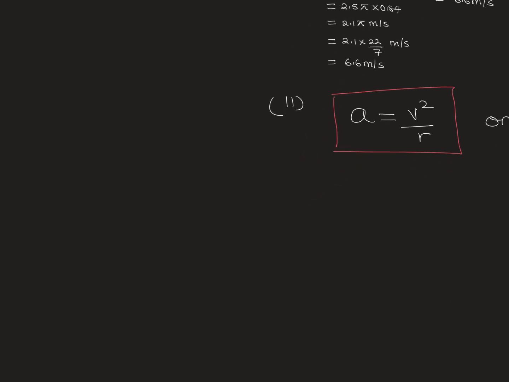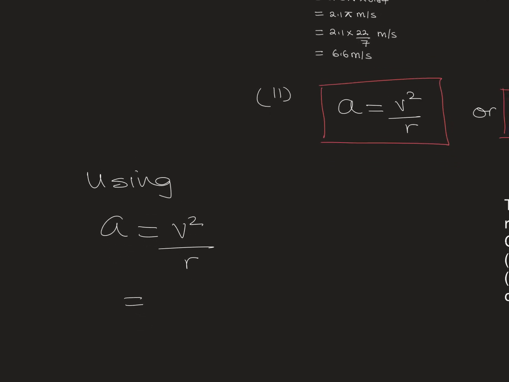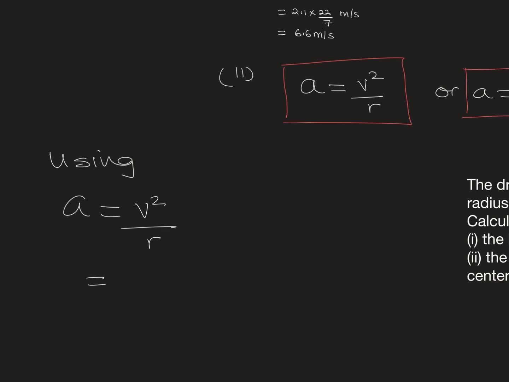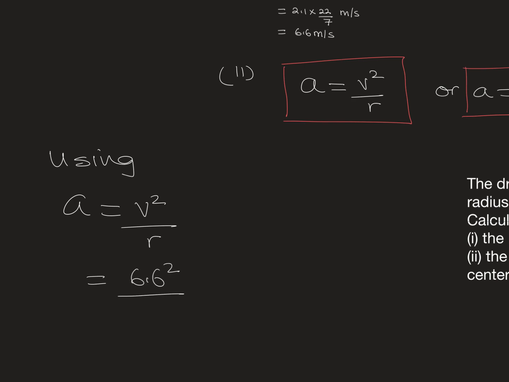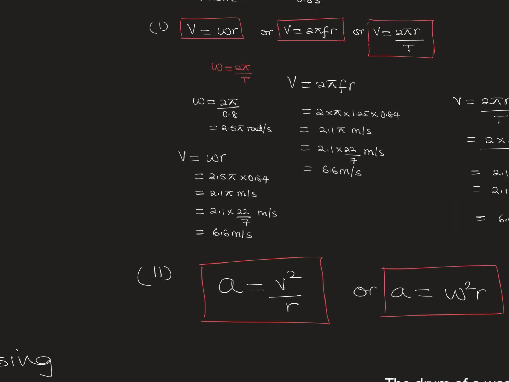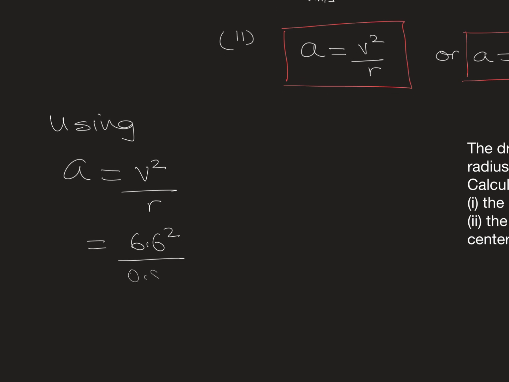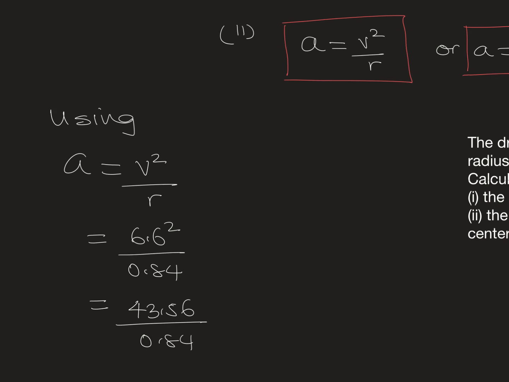If I go by the formula acceleration is equal to v squared divided by r, the velocity is 6.6, so that will be 6.6 squared divided by the radius, 0.84. 6.6 squared is 43.56, divided by 0.84.